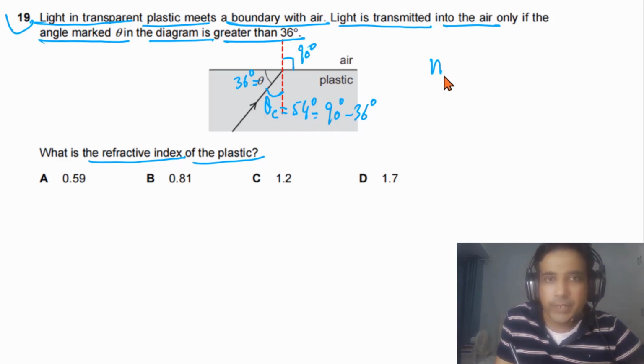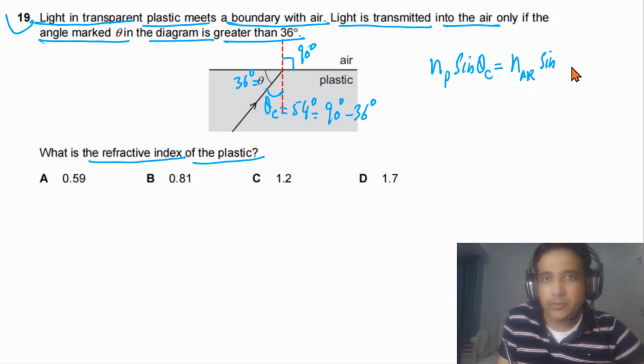Now simply we need to use Snell's law. So we can write down, in this case, NP, meaning the plastic, times sine of theta C, the critical angle in the plastic, is equal to N air times sine of theta in air. So sine of theta in air is the refracted angle, and this is the incidence angle. NP we need to find out.